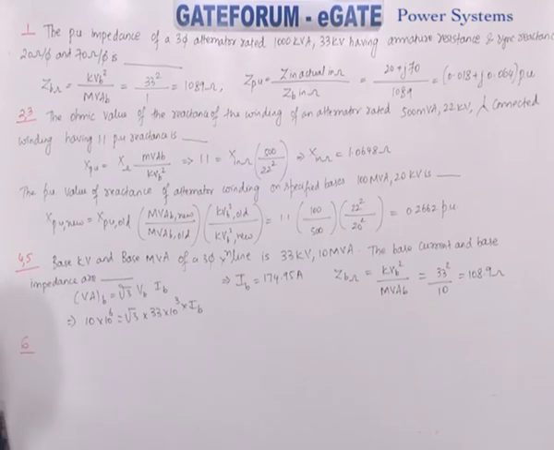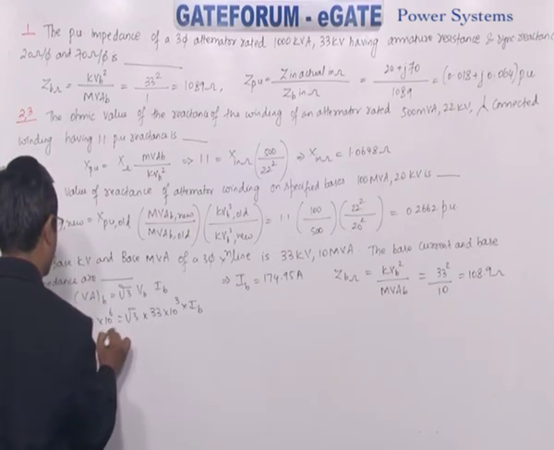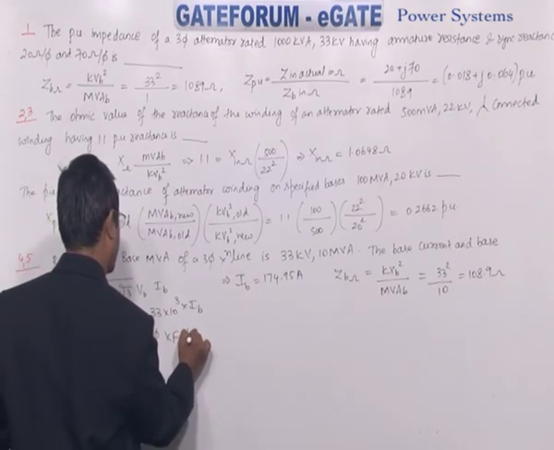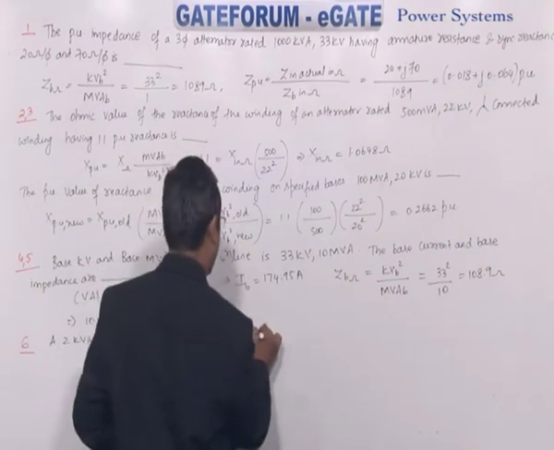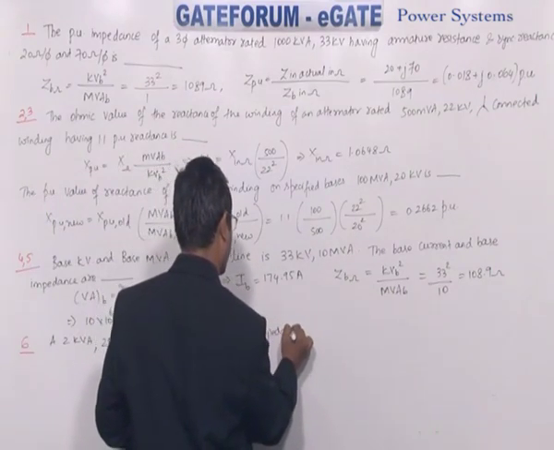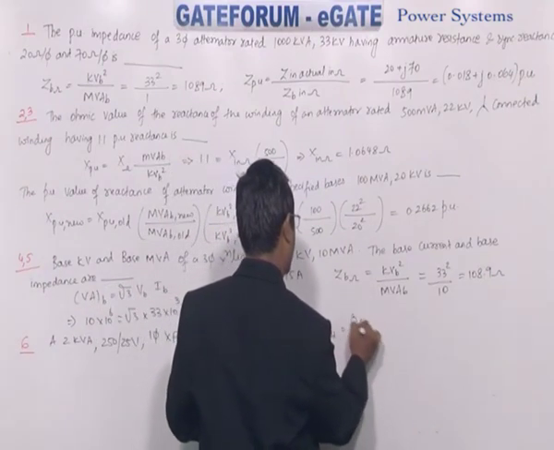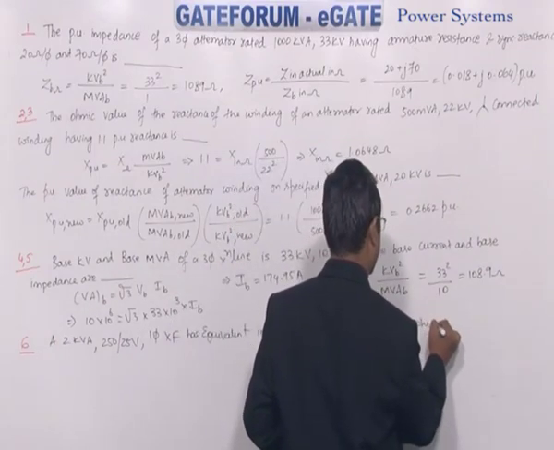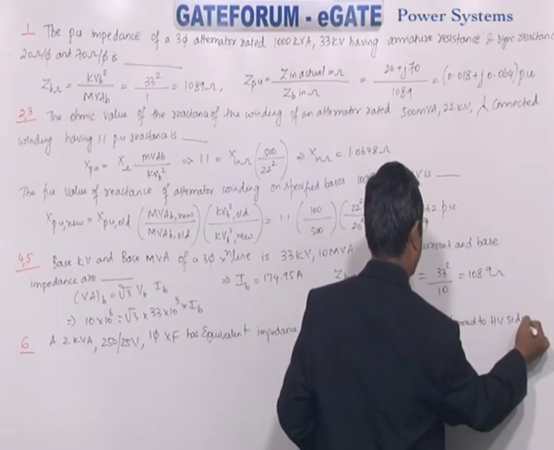Now we solve this next question. A 2 kVA, 250 by 25 volts single phase transformer has equivalent impedance of 2.6 plus J 4.3 ohms when referred to HV side.